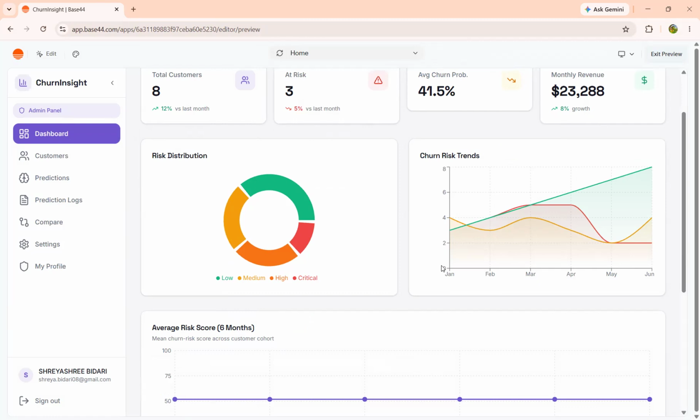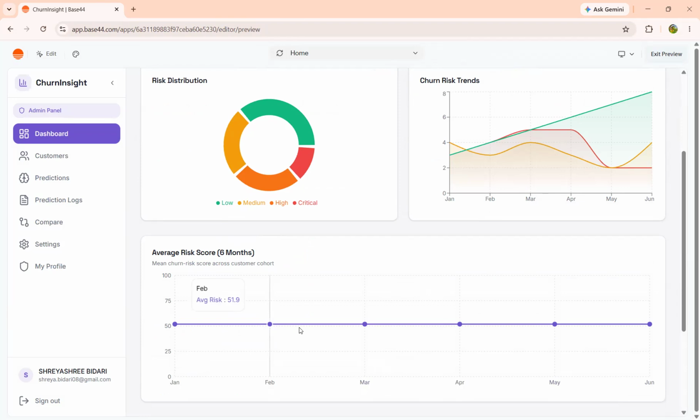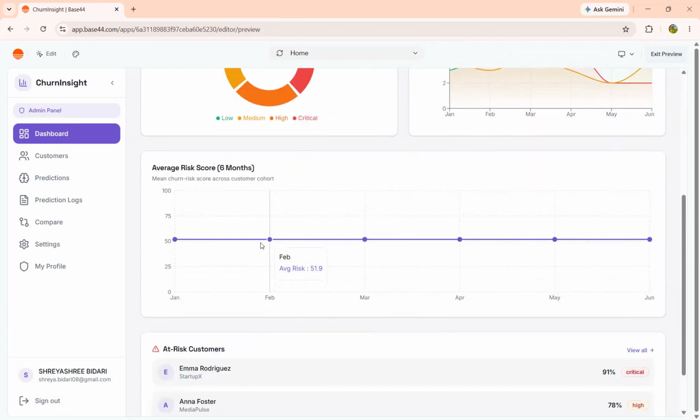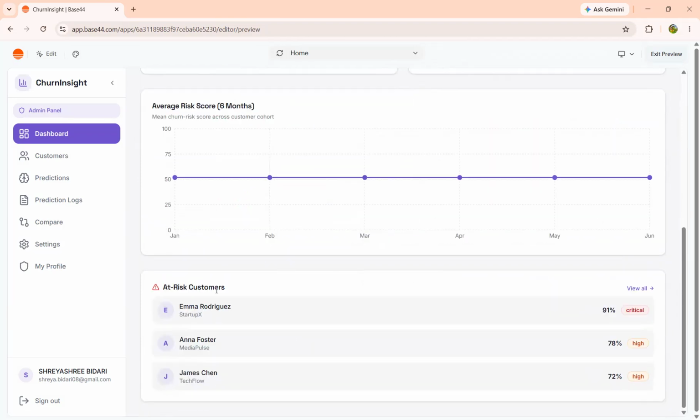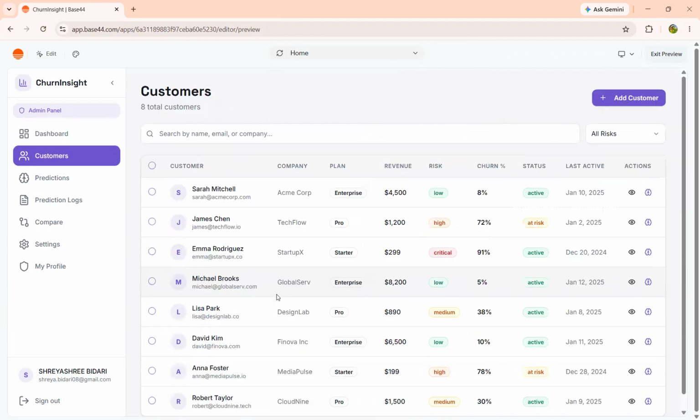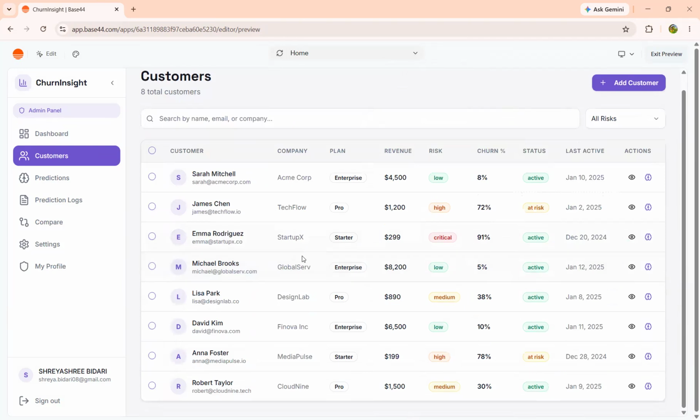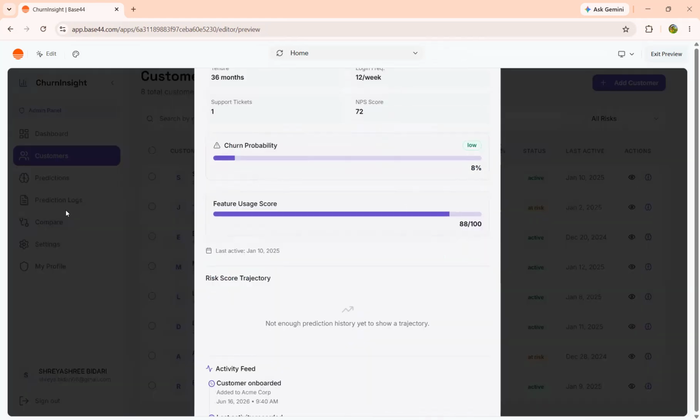Then customer risk trends, average risk scores over 6 months, and which customers are at risk. And here are the customers who are engaged in this. Here we can see their names, their company, what plan they have chosen, their revenue, what the risk rate is, and what the churn rate is, and then the status and when they were last active. And this is the action.